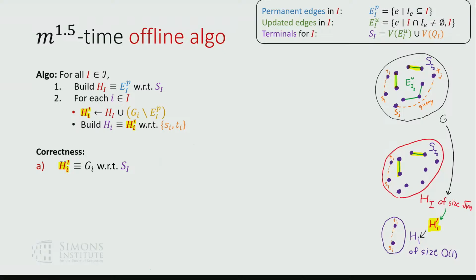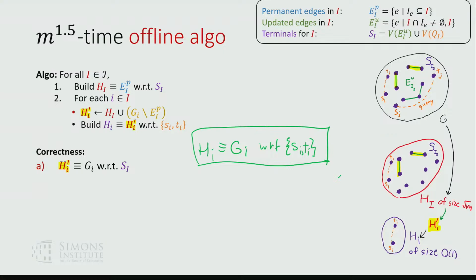So first thing, my goal is to show that, okay, h_i would be equivalent to G_i with respect to the endpoints. If this is true, then we are done, right? This is what we want to compute for every i.